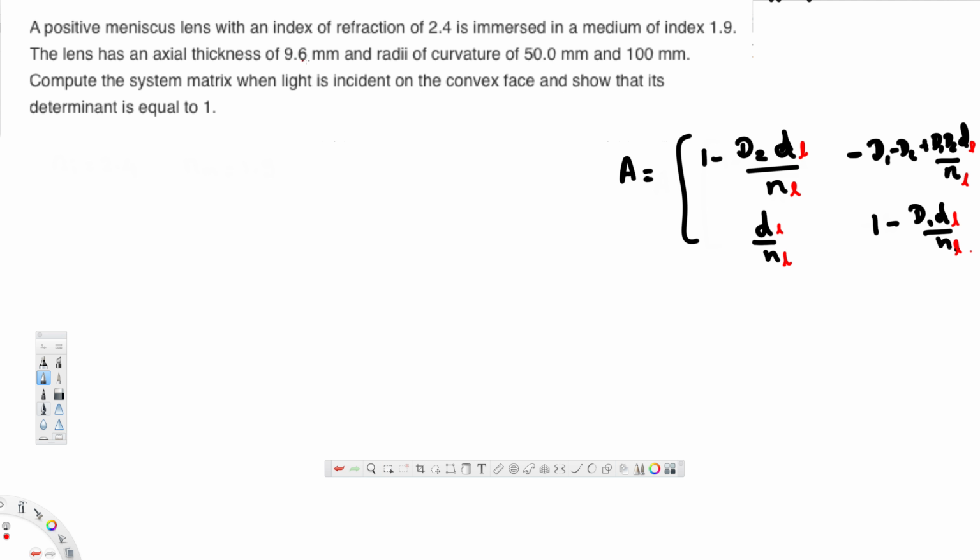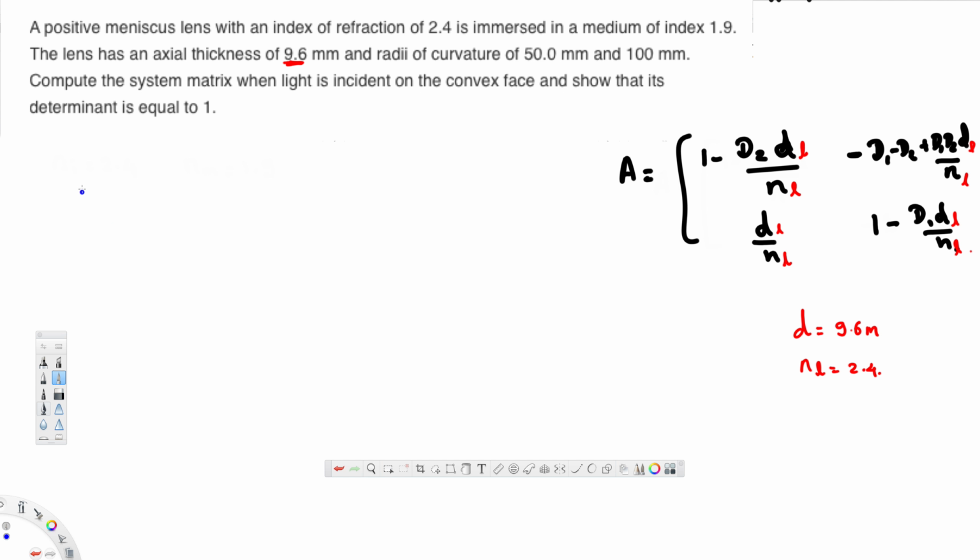Here we have the radius of curvature is 50 millimeter, and the thickness is 9.6 millimeter. So we have this d value, that is 9.6 millimeter, and also we have the index of refraction of the lens, that is 2.4. NL is 2.4, and D1 and D2 we have to calculate. These two are not provided.